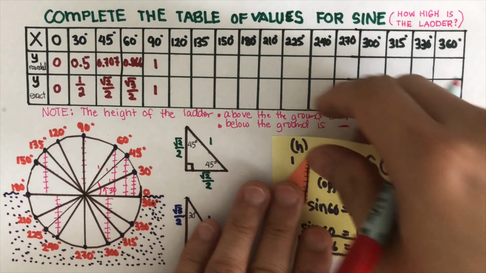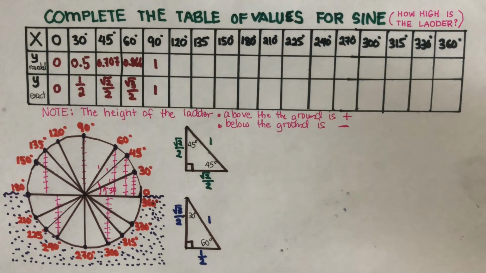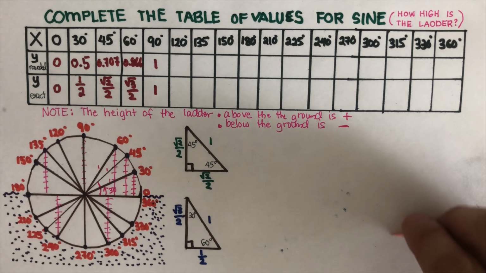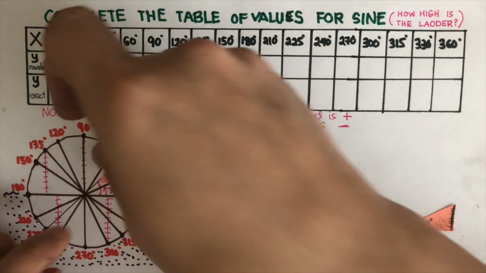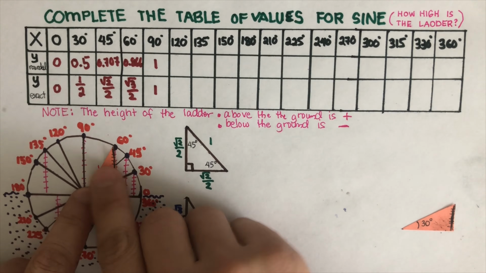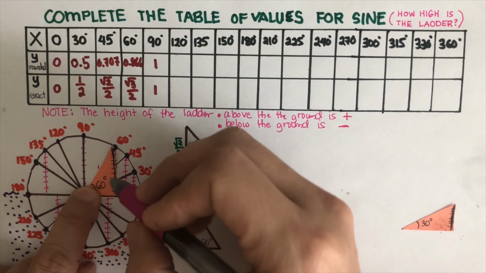Now, I know others have seen the pattern already, on what's going on here. So let's start with 60. What's going on here is that this is the height of the ladder.